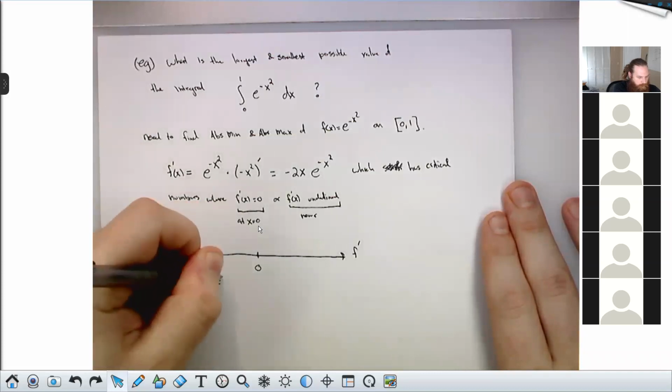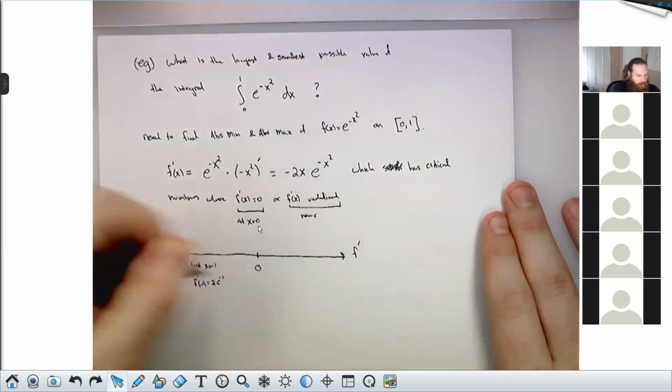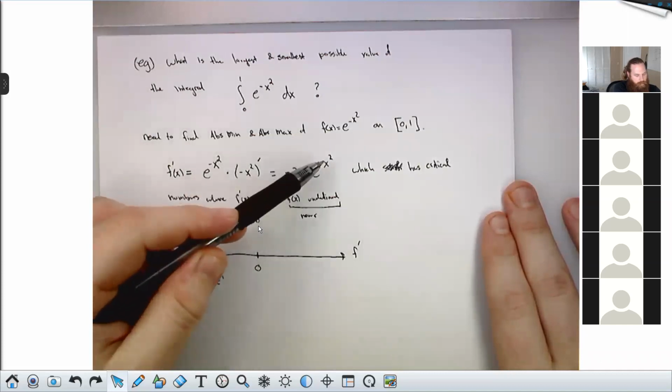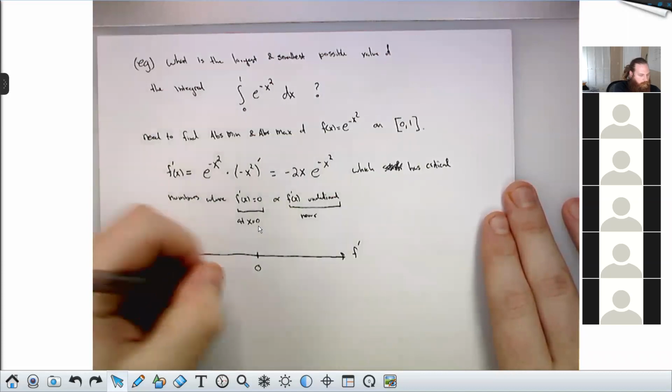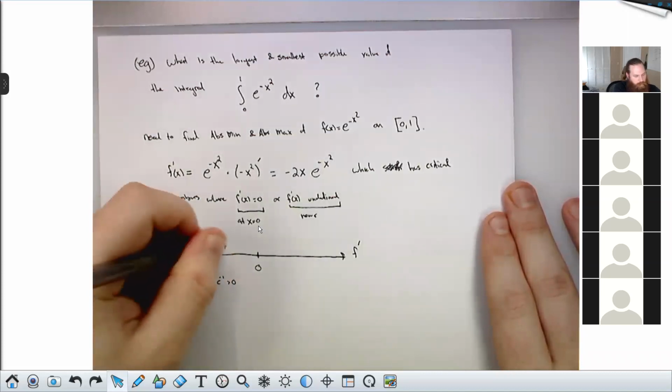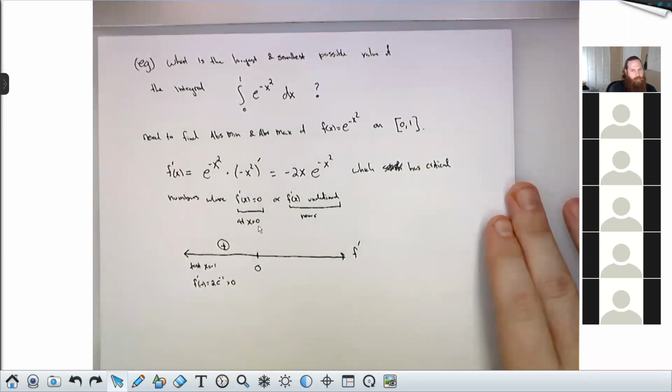That's e to the -1, because the negative is outside the square. -1 squared is 1. This is 2 over e, which is a positive number. So f prime is positive to the left of 0.